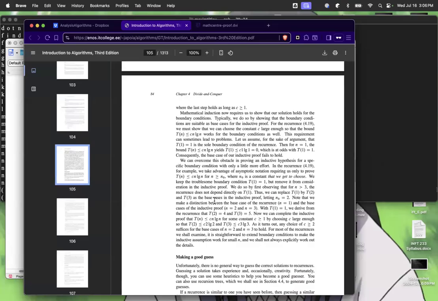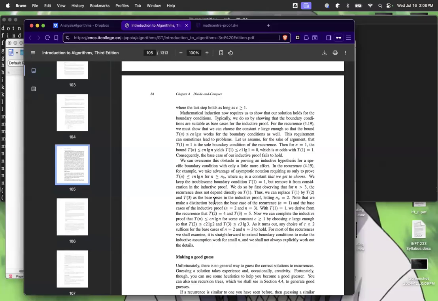By induction, it now requires us to show that our solution holds for the boundary conditions. Typically, we would do so by showing that the boundary conditions are suitable as base cases for the inductive proof. For the recurrence in 4.19, we must show that we can choose the constant C large enough so that the bound T of n is less than or equal to C n log n works for the boundary conditions as well.